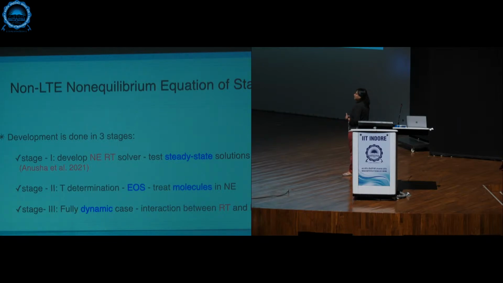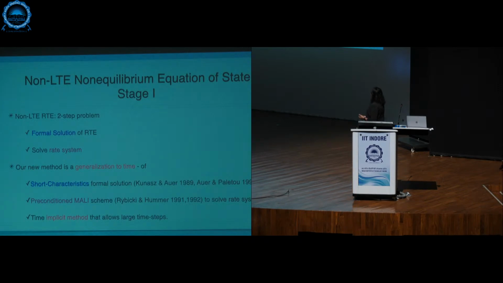And this development is generally in 3 steps. The first step is to develop the non-LTE, non-equilibrium radiative transfer solver and test the steady state solutions. The second stage is to determine the equation of state, and finally to apply it to the fully dynamical module, that is to interact with the magnetohydrodynamical module.